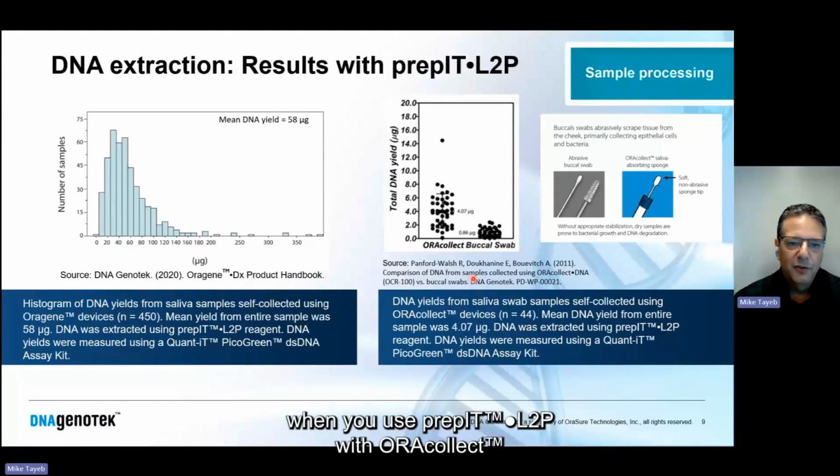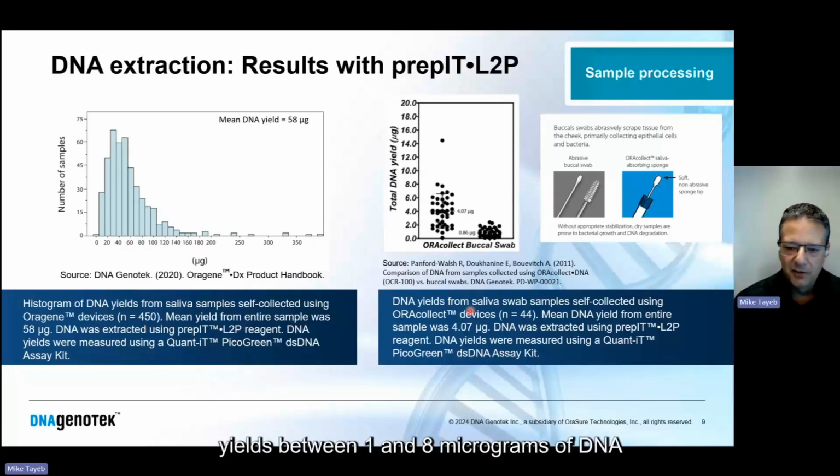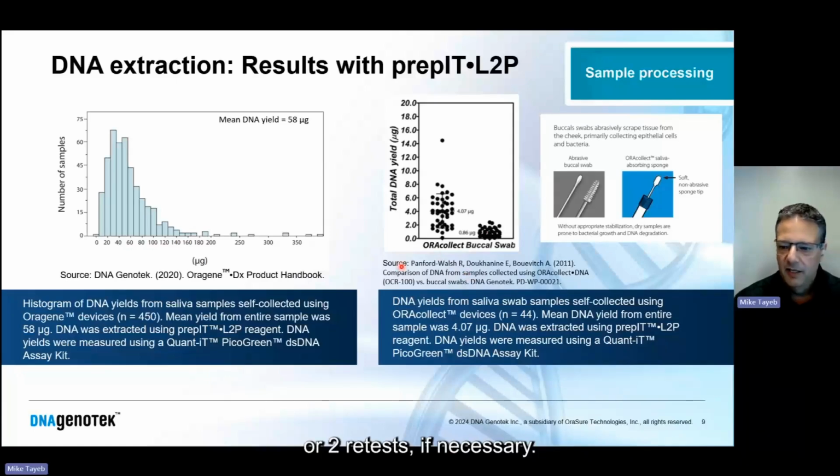When you use PrepIt L2P with OraCollect samples, saliva collected with OraCollect, as shown on the right here, a 1 milliliter aliquot of samples yields between 1 and 8 micrograms of DNA, with the mean being about 4 micrograms. And this amount's sufficient for running a single assay, and there's enough left over for 1 or 2 retests if necessary.